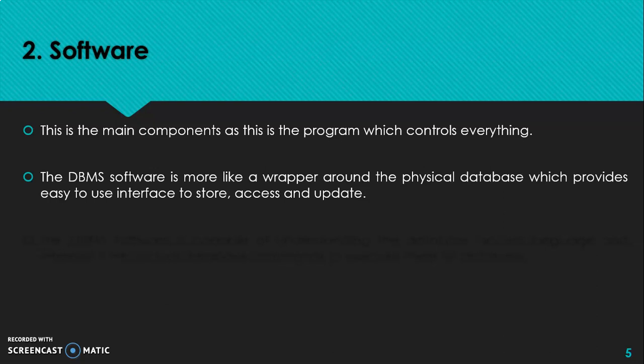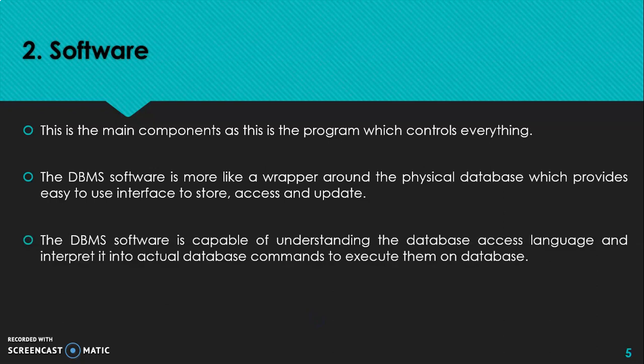So this software generally becomes the link between the user and the database because whatever the physical database has stored, it provides the easy way to store, access or update the database. The DBMS software is capable of understanding the database access language and interpreting it into actual database commands to execute them on the database.